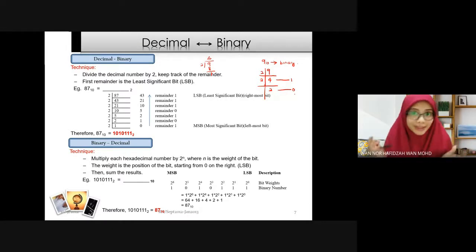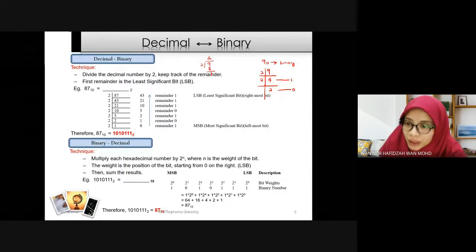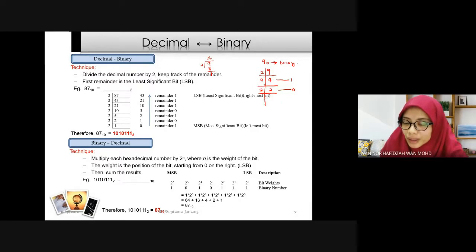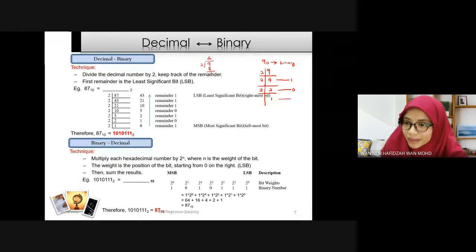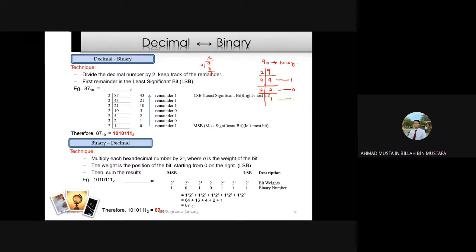So tak ada baki, no remainder. And then 2 divide by 2 equals 1, and then remainder 1.